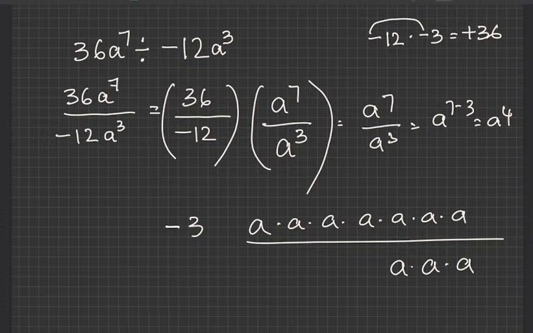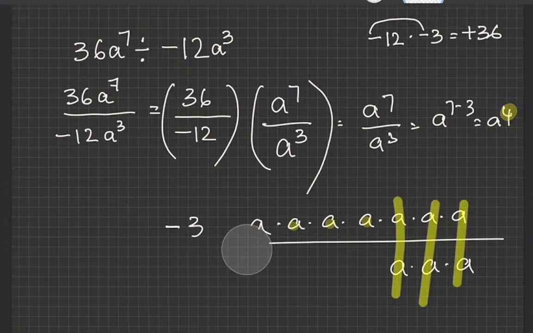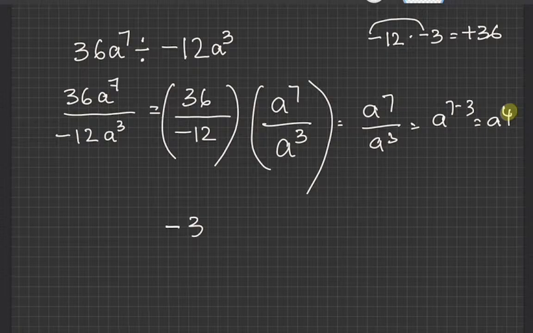So here I cancel out these 3 a's, and what I'm left with is a times a times a times a, that is a to the power 4, right? So now when I multiply it with negative 3, I get negative 3a to the power 4. This is your quotient.